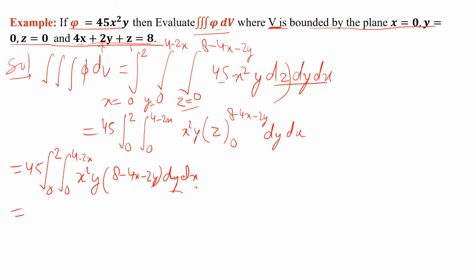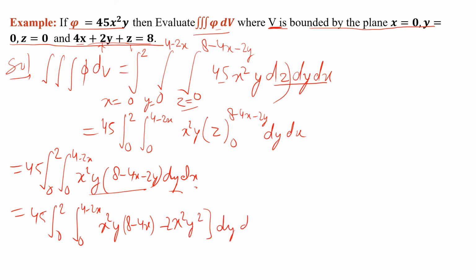So when you take the integration with respect to y, first you simplify or write that term, that is 45, 0 to 2, 0 to 4 minus 2x, and we can write x²y(8 minus 4x) minus 2x²y² dy dx.